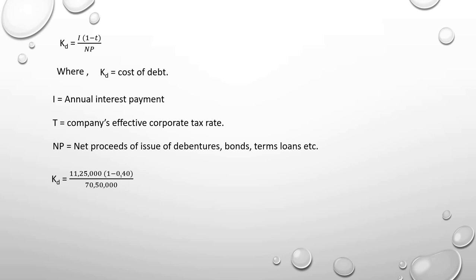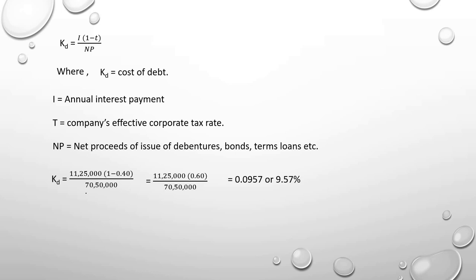Instead of writing in percentage, we write it in decimals, so it will be 1 minus 0.40, divided by your net proceeds. Net proceeds will be your amount minus your floatation cost. So it comes out to be 9.57%. So KD will be 9.57%.